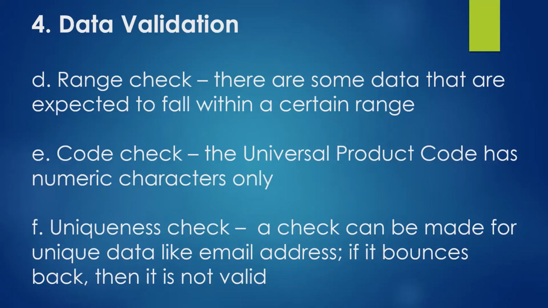Then in code check, the universal product code, for example, is numeric characters only, and any non-numeric character in that column for universal product code, that's just an example, should not be accepted.